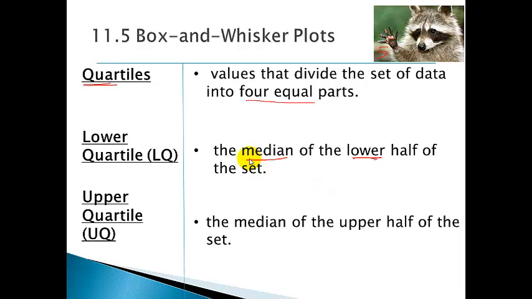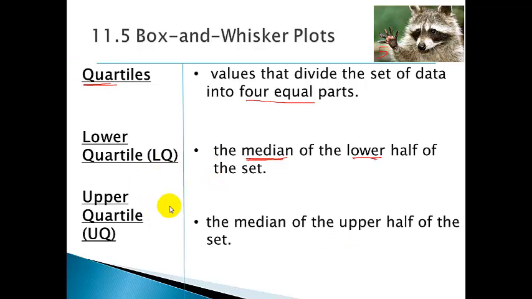So you're like, okay, well, the median is the middle of my whole entire data set. So if I break my data in half, right down the middle, the median of the lower half is going to be called the lower quartile. So again, it'll make sense when we do an example and find some real data that we collected. We'll use the data that we collected for the jumping jacks, hopping on 1 foot, and saying the alphabet.